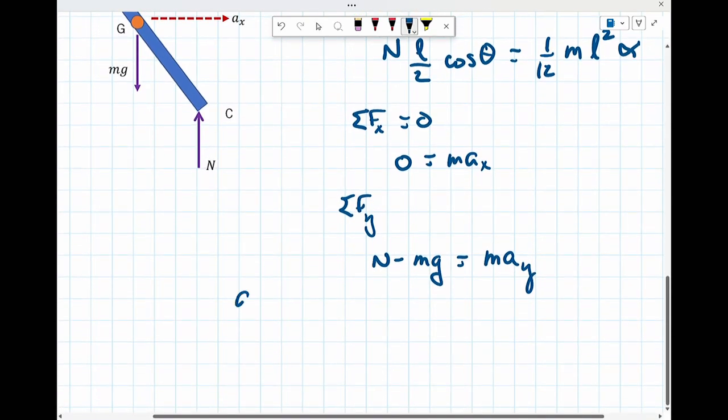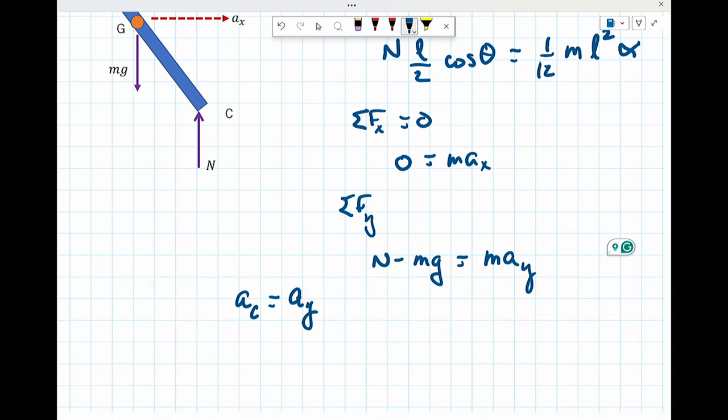All right. Acceleration of C equals acceleration of G plus acceleration of C with respect to G. So if I want to look at what's happening at the point of contact, which I do, I can just do that shift.